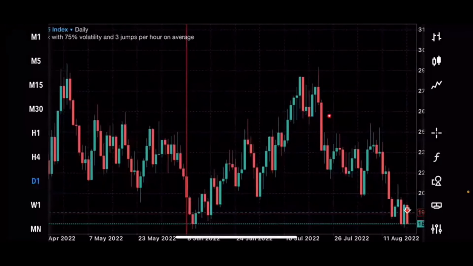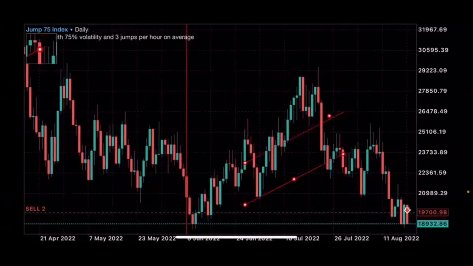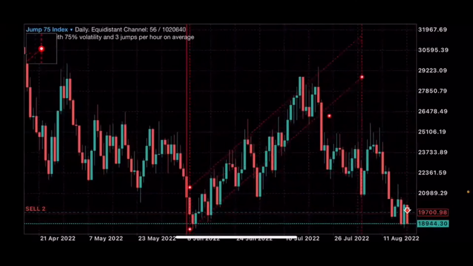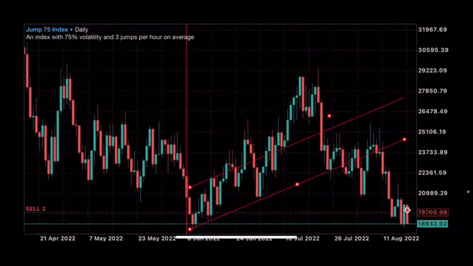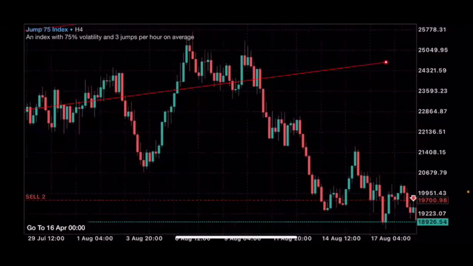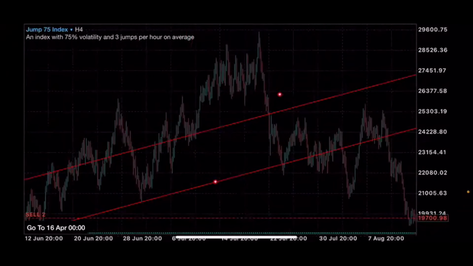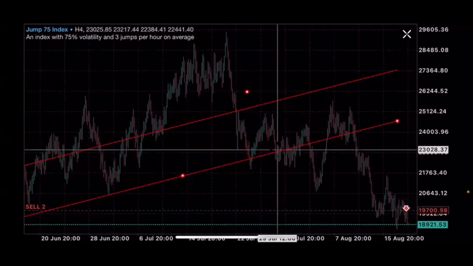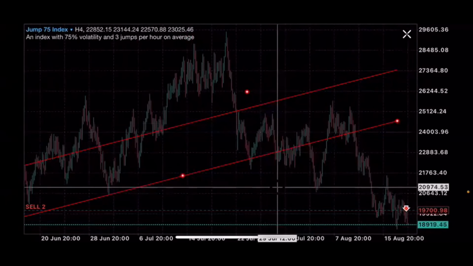Let me zoom in. So you can see that there's a trend here, and I'll try to draw that trend. First of all, the trend went like this, but there were invalidations. If you've watched the other YouTube videos I've done with others, you'd see that once there's an invalidation, you keep moving your trend line. Here, there's also an invalidation. Invalidation is when it crosses the trend line and is not a retest. It crosses the trend line, goes back into the trend line.